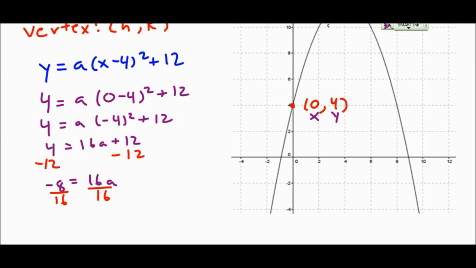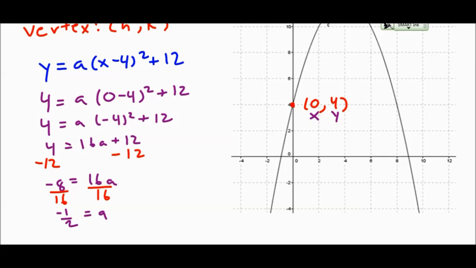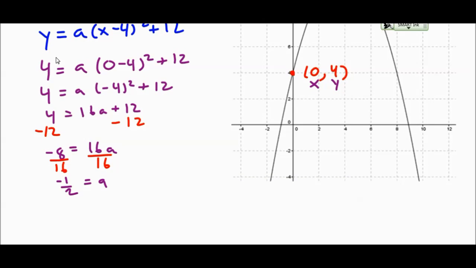So this gives me negative 1/2 equals a. And negative 1/2 comes just from simplifying negative 8 over 16. So all I have to do to finish writing the equation in vertex form is simply to put a in this equation. So that gives me y equals negative 1/2 times x minus 4 squared plus 12.